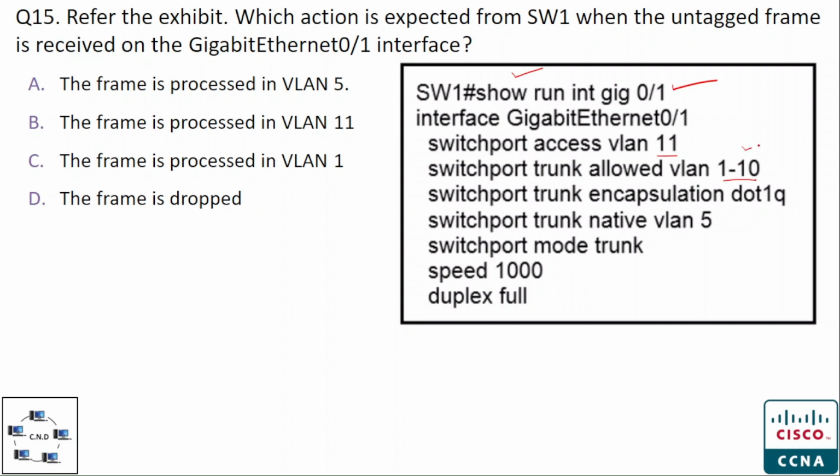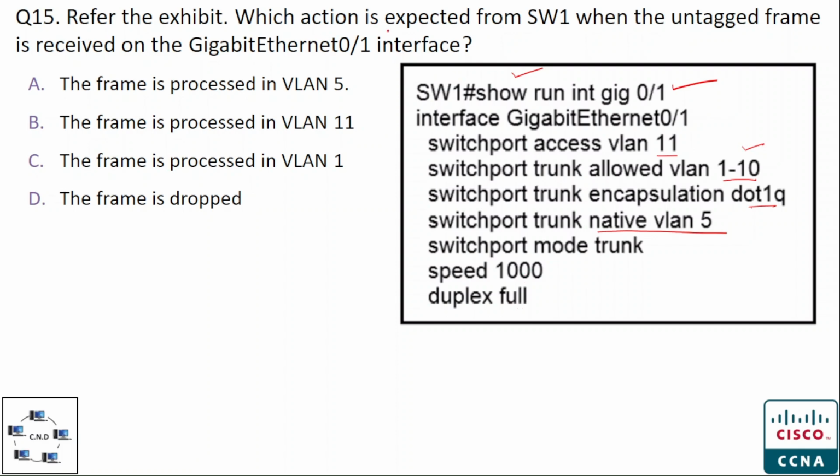So these VLANs are allowed on interface 0/1 in trunk mode. Switchport trunk encapsulation dot1q, and switchport trunk native VLAN 5. So we have configured the native VLAN as VLAN 5, and switchport mode trunk, speed 1000 Mbps, in full duplex mode.